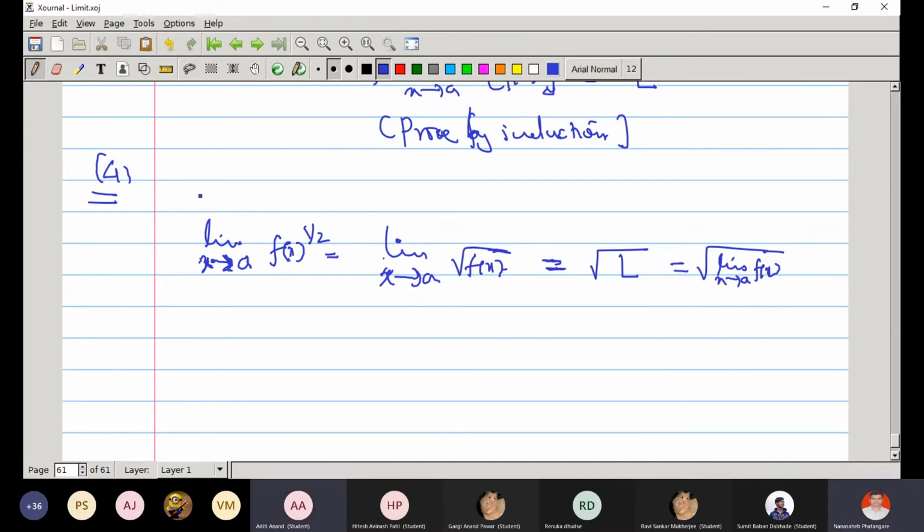What condition should we put? That f x should be greater than or equal to 0, for all x in the domain. And what should be the one more condition? Limit x tends to a f of x exists.